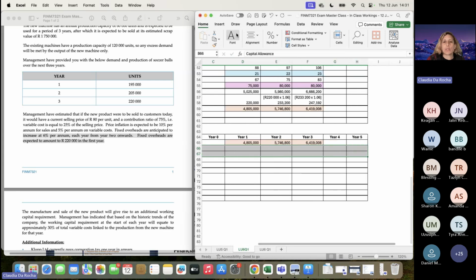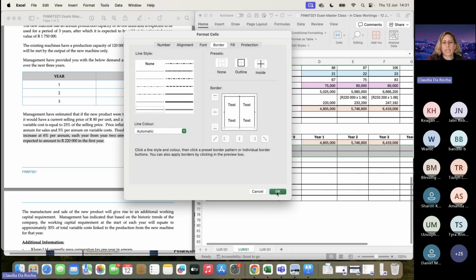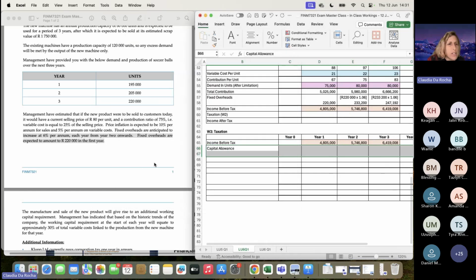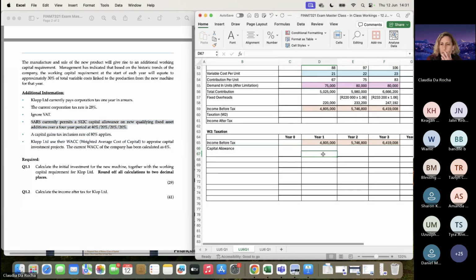It's a Section 12C allowance, which I'll show you where it's been documented in the question. So here it says SARS currently permits a Section 12C allowance. All right, so with your Section 12C allowance, basically we are saying it's 40% of the cost of our asset.